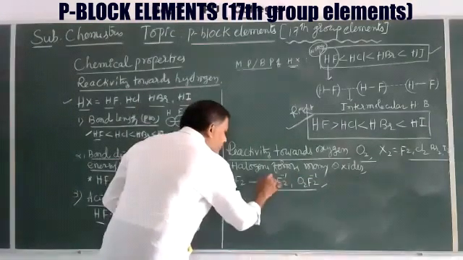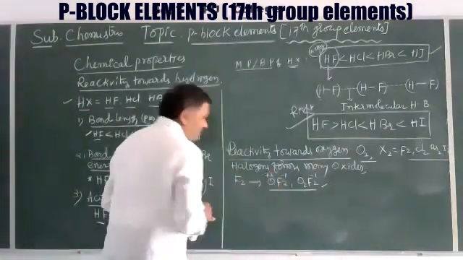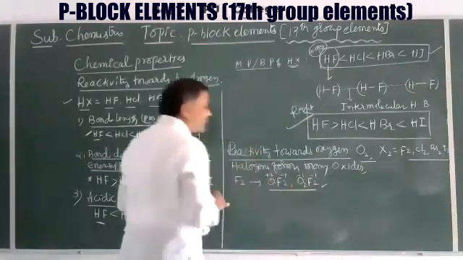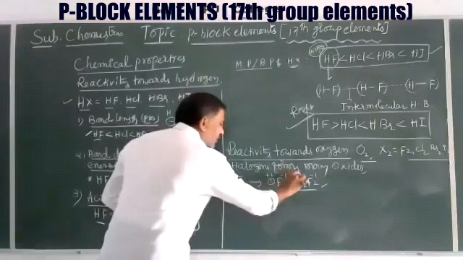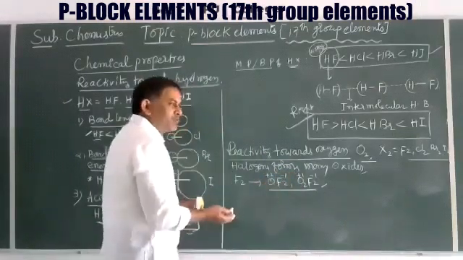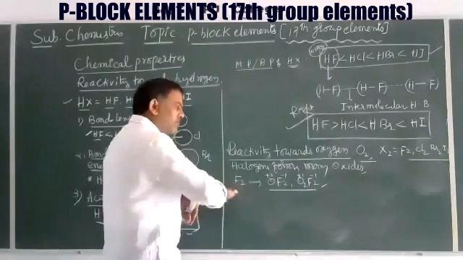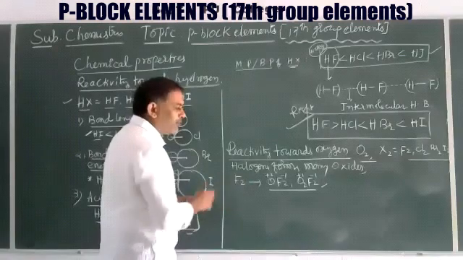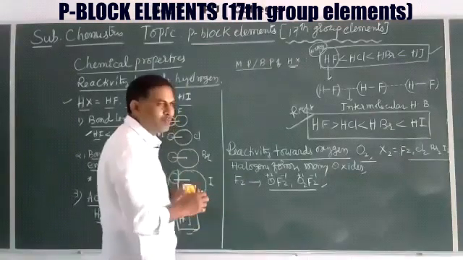Now in OF2, the oxygen oxidation state is +2. In O2F2, the oxygen oxidation state is +1. So oxygen exhibits different variable oxidation states: -2, -1, +1, +2, as already explained to you.